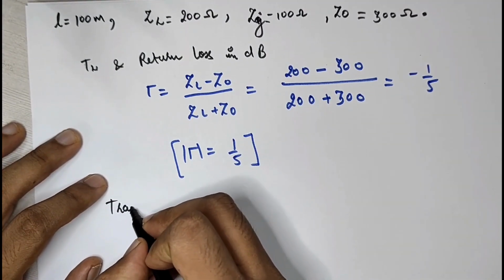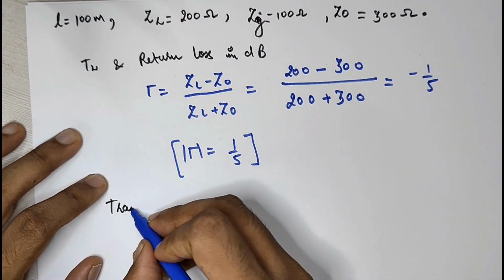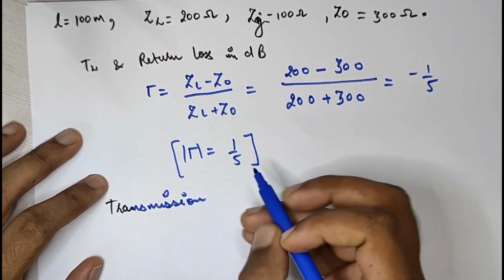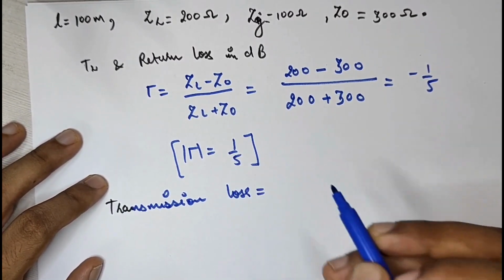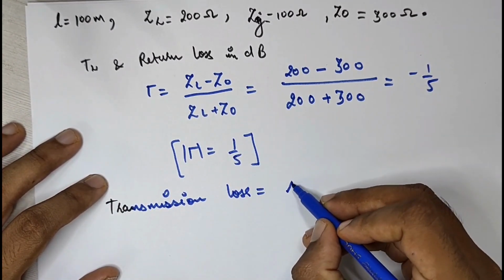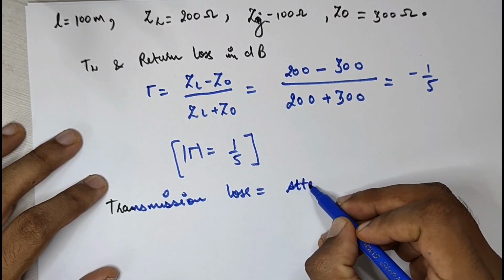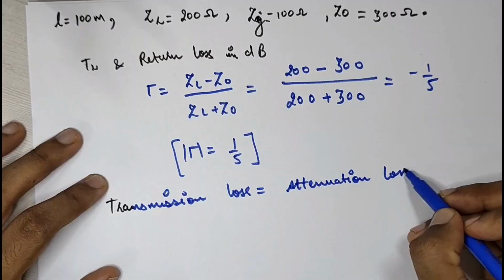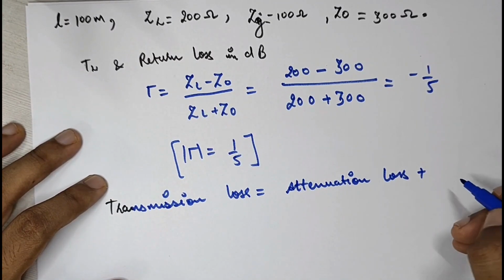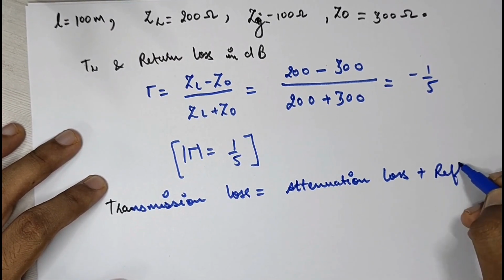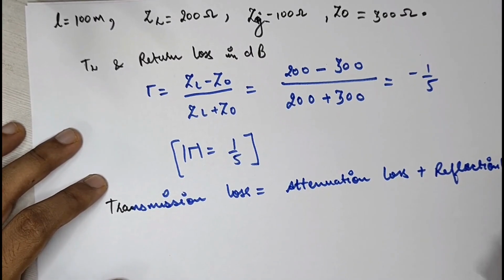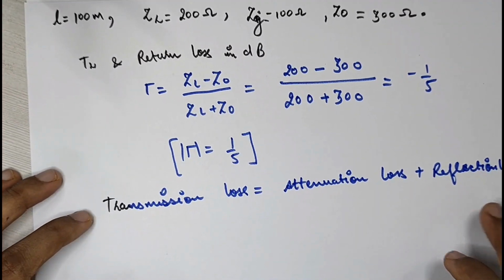Now transmission loss is nothing but the attenuation loss plus the reflection loss, obviously in dB. This is the total loss.